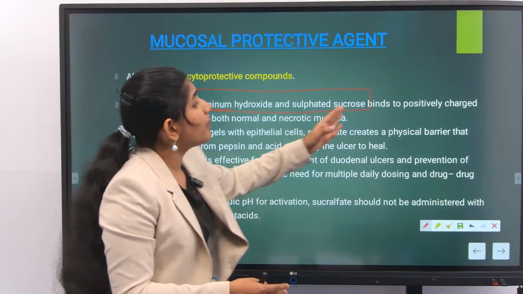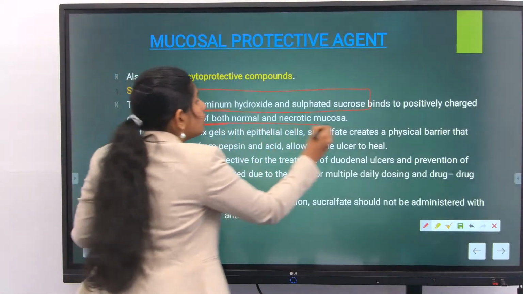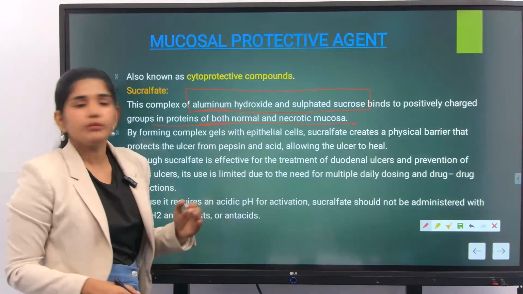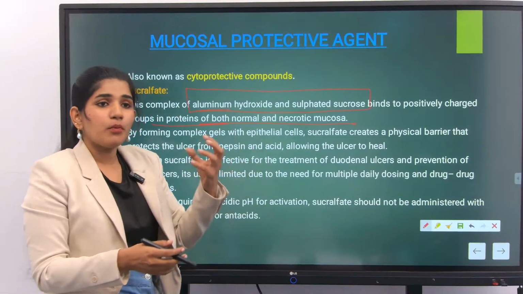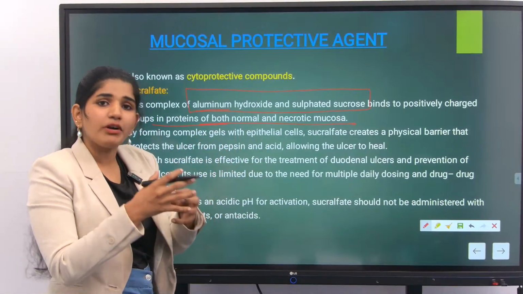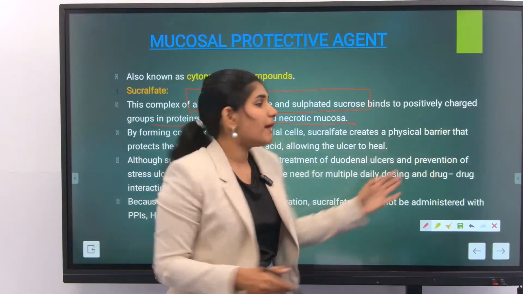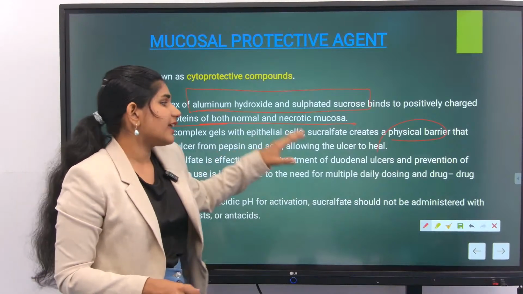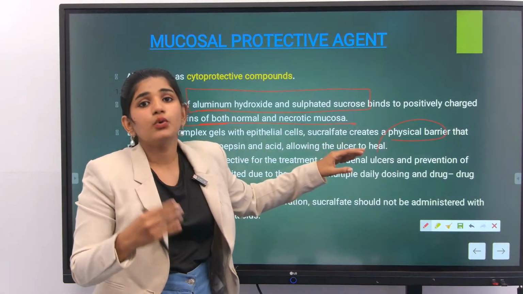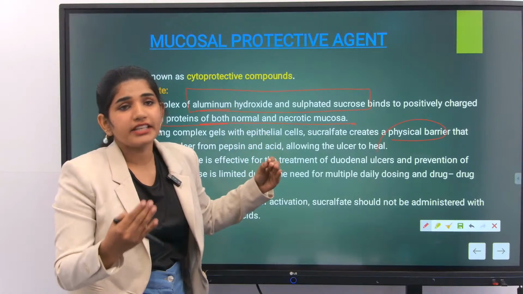It will bind to the positively charged groups in the proteins of both normal and necrotic mucosa and form a complex gel. They create a physical barrier that protects the ulcer from pepsin and acid, allowing the ulcer to heal. Likewise, sucralfate acts as a cytoprotective agent.